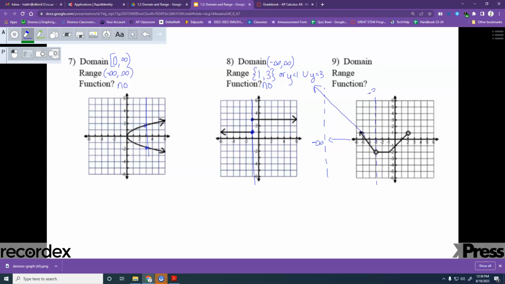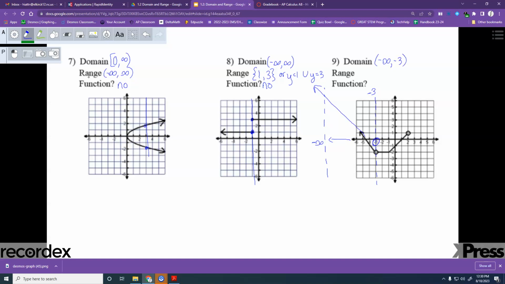So at -3, I got some sort of issue, because I don't hit the graph there. But everywhere from -infinity up to -3, I do have a graph. So I would have -infinity up to -3.